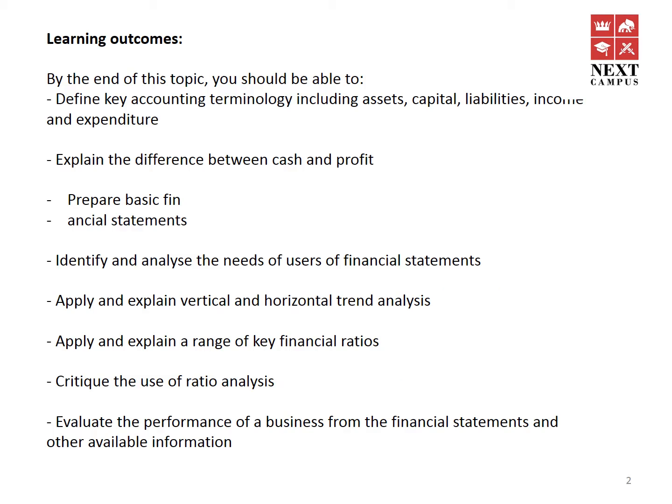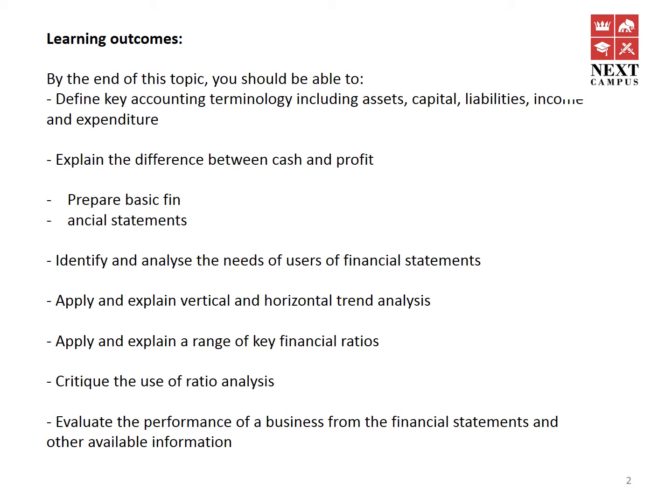So after this, what are the learning outcomes that will be in your mind? So you will be able to define key accounting terminologies like assets, capital, liabilities, income, expenditure, which we have done, and you will be learning it once again here as a refresher. And you will be able to define what's the difference between cash and profits.